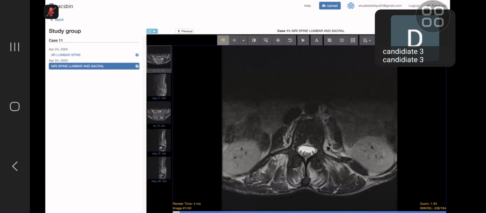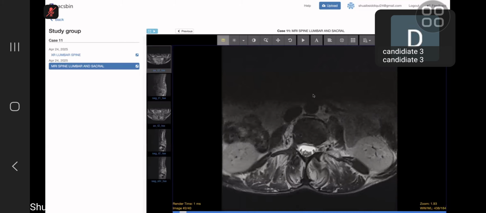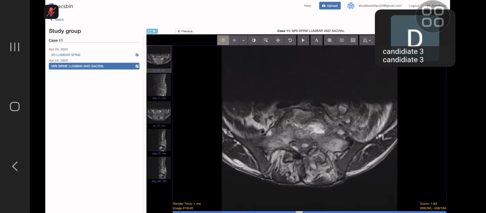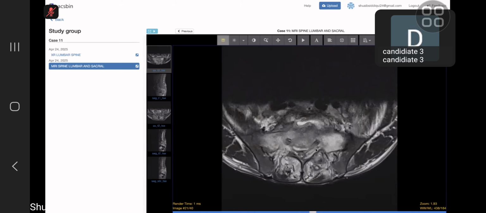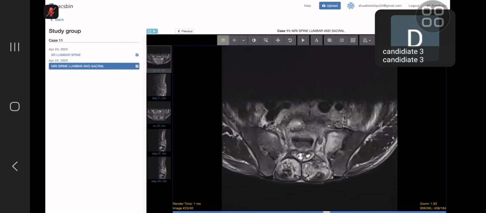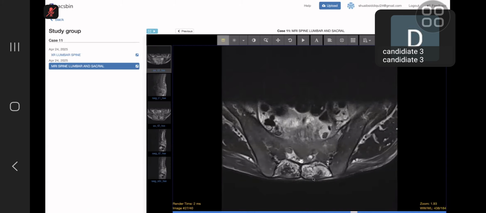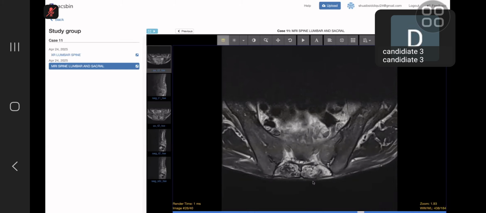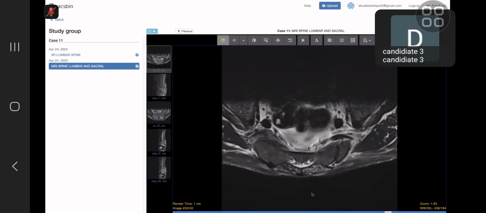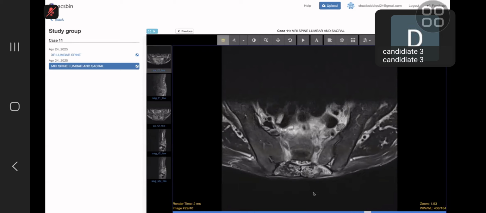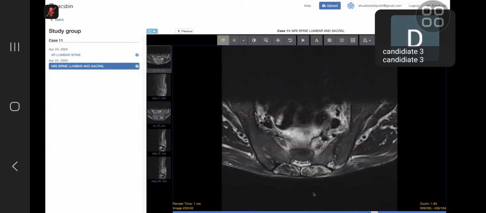Okay. Yes, it's extending here and compressing the nerve roots within this level.